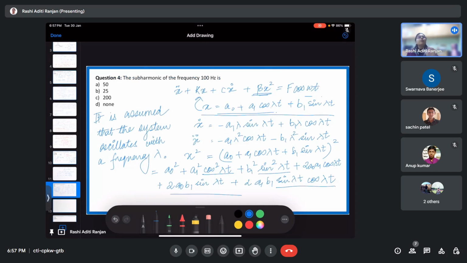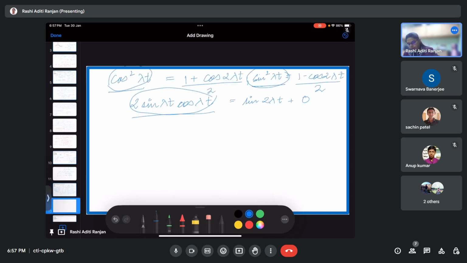Right. What is going to happen then? This x square would become a function of what? a naught is a constant, a1 is a constant, and b1 is a constant, right?